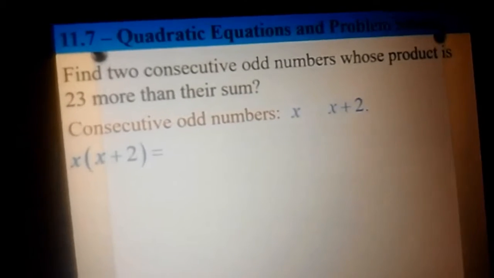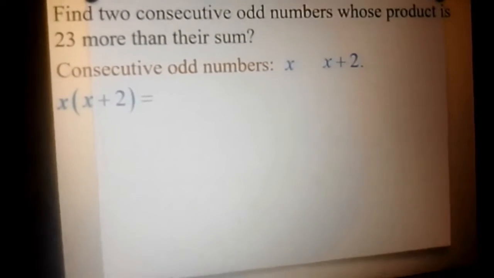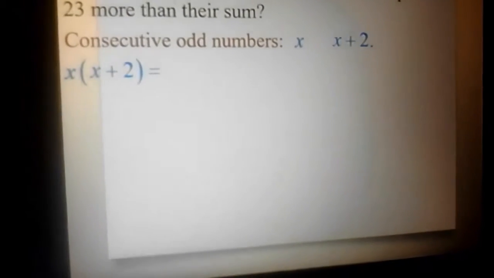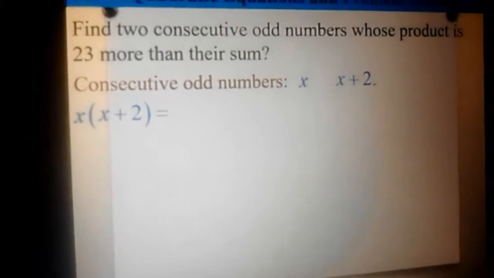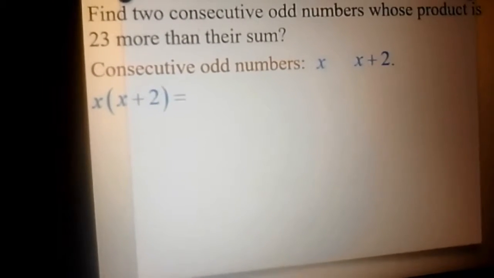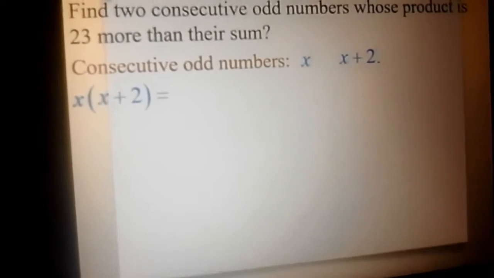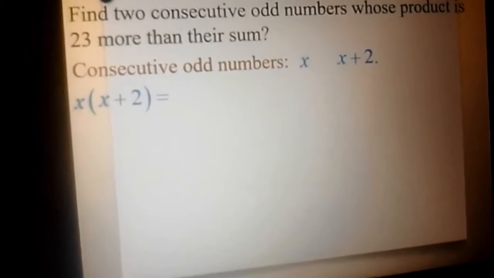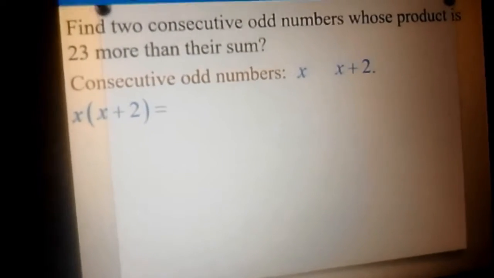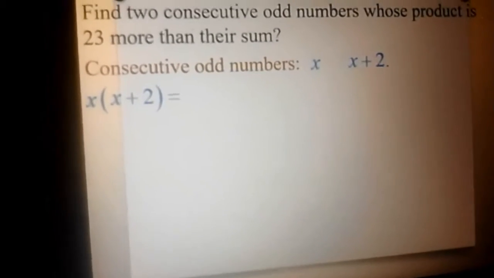So, we have it in an equation. Since it is called the product, we have to multiply x, which is the first odd number, and the second odd number, x plus 2.